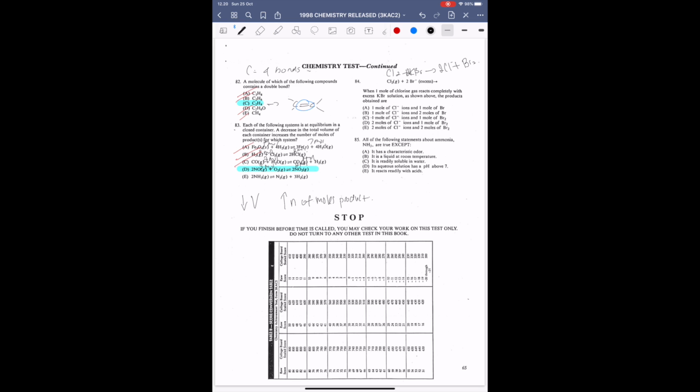So the answer should be D. And of course, here the K is also free. So yeah, the answer should be D.